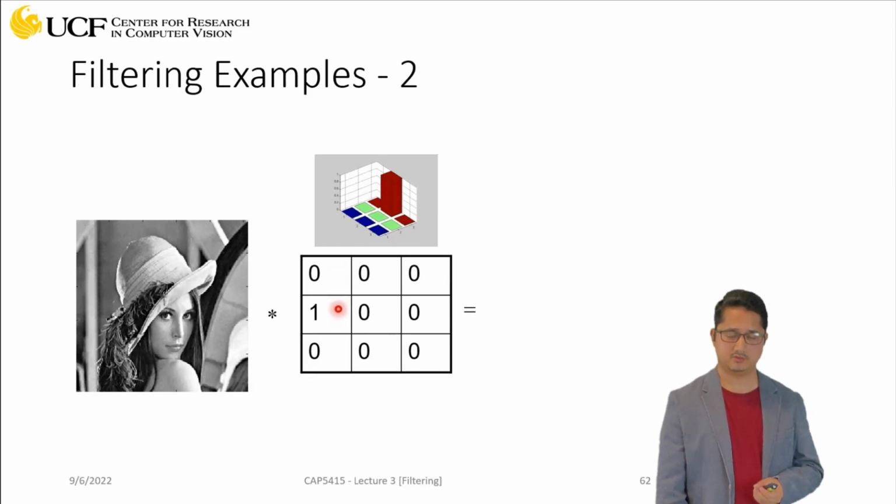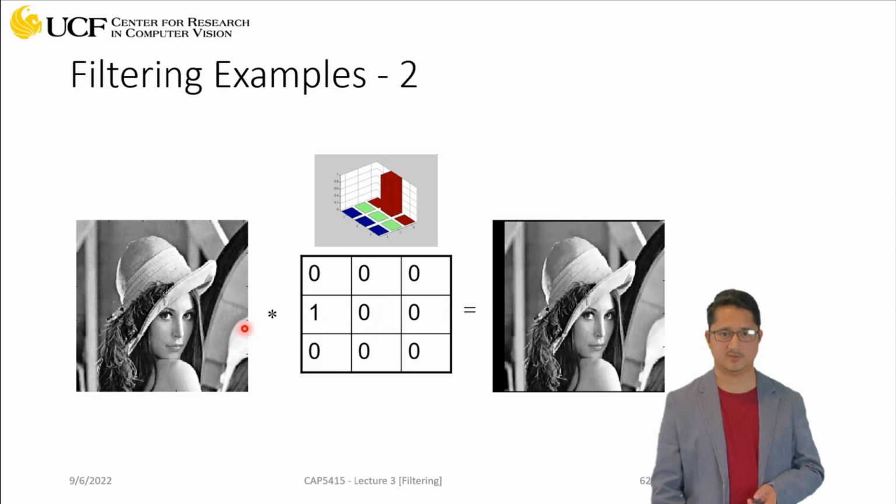So if we use this value, then essentially we are taking this value and storing it at this location. All right. So now what will happen is your image will shift. And you can see that since you are moving values from left to right, your image is going to move from left to right. It's just a shifting operation.